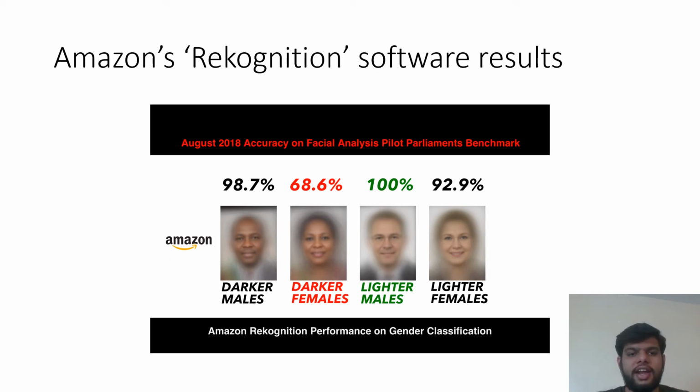To make a point, Amazon's Rekognition software is used by various government entities in the US. The FBI, officials at US airports, and US Homeland Security use this software in order to identify a person's identity.